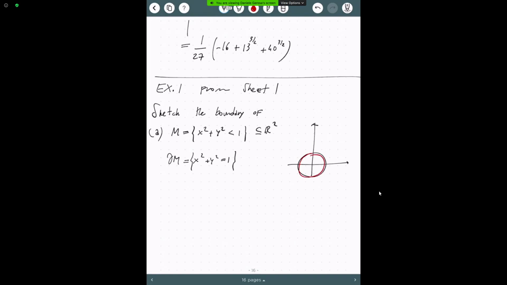Sorry, I abused the language. I said that M was a circle. It is not a circle. M is a disk. So what's in the interior here is M. This black thing is M, and the red is the boundary of M.